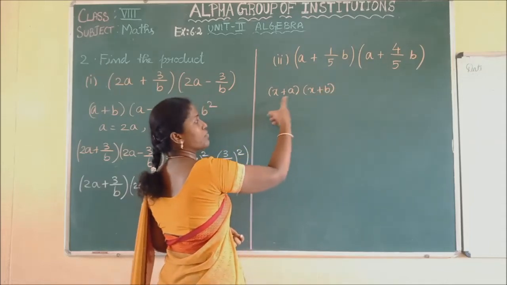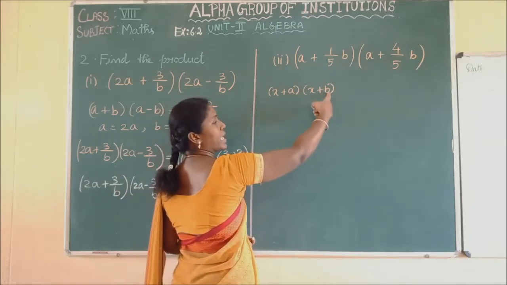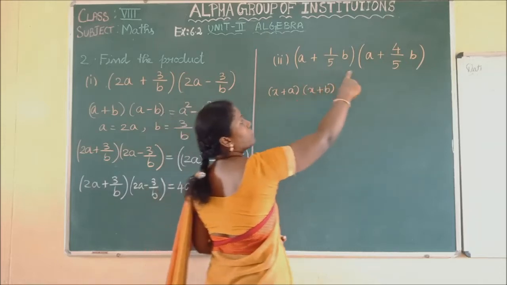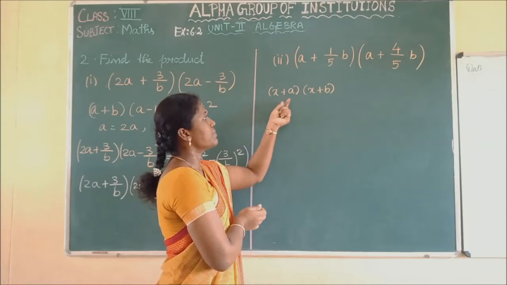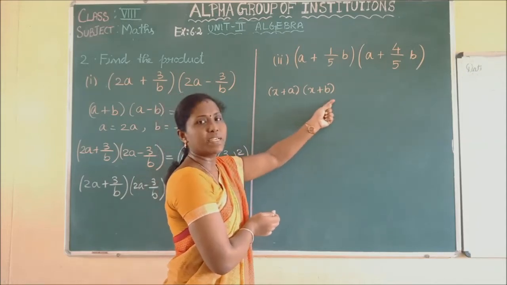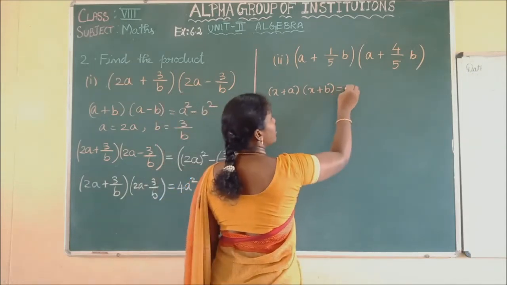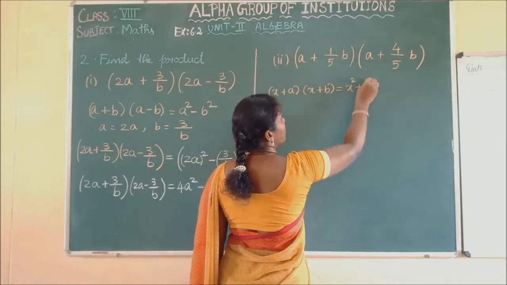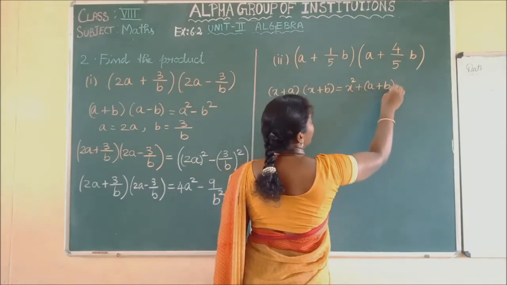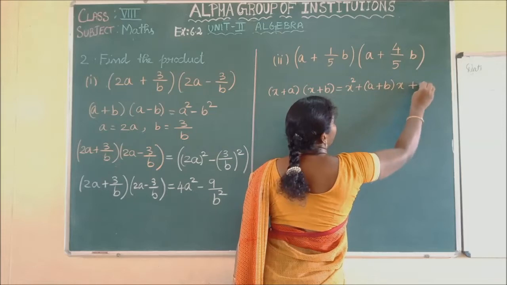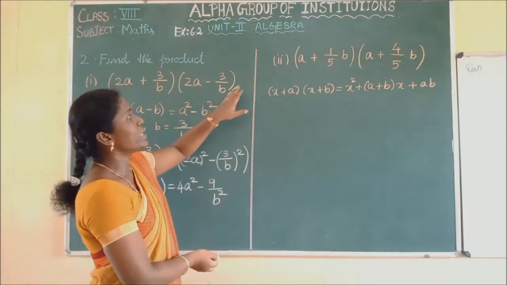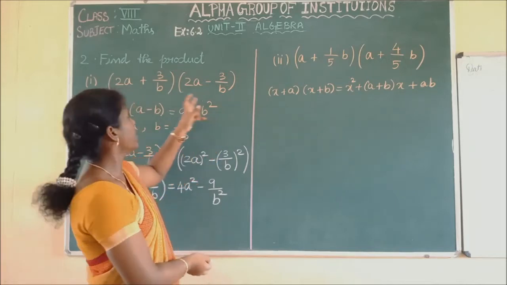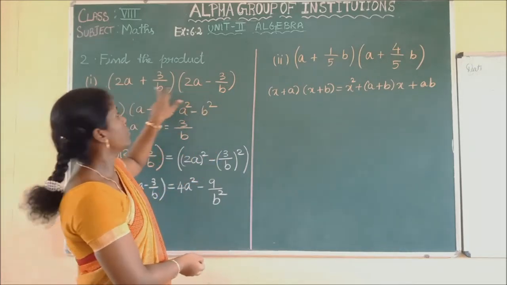See here we are having the first term as common, the second term here a, b. Likewise here also 1 by 5. What is the formula? Expanded: x square plus (a plus b) into x plus ab. So see here, looking similar only, but in the other identity we are having both common terms with opposite sign.